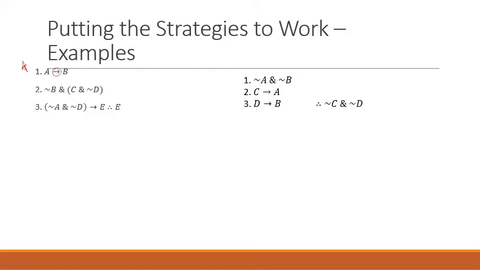Number one is a conditional; that's the main connective. Number two is a conjunction. Number three is a conditional. So in terms of rules that might work here, we're going to have modus ponens and modus tollens for the conditionals, and simplification for the conjunction, which is number two. Simplification just lets us break that apart.